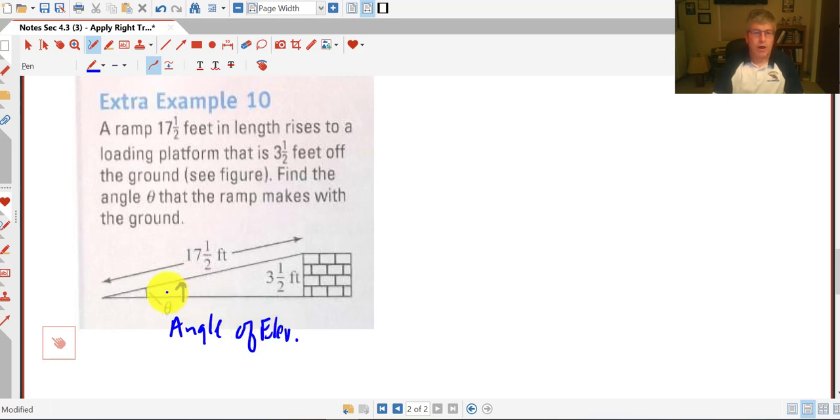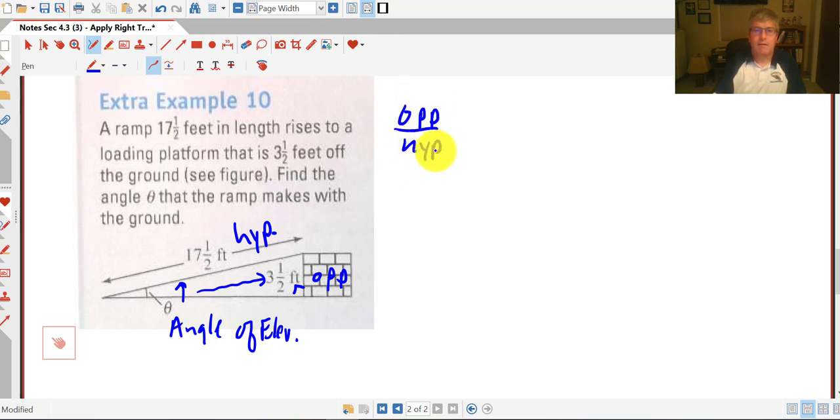We are going to use our arcsine, cosine, or arctangent here. So let's figure out what trig function we want. Well, 3.5, we have the opposite. We assume that that forms a right angle here, so the 17.5 is our hypotenuse. So we need a trig function that involves opposite and hypotenuse.